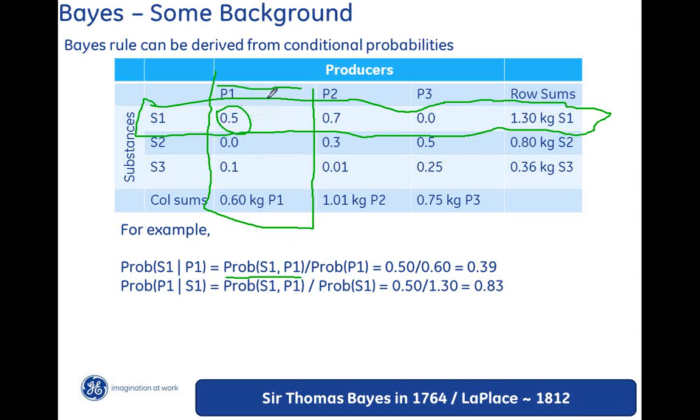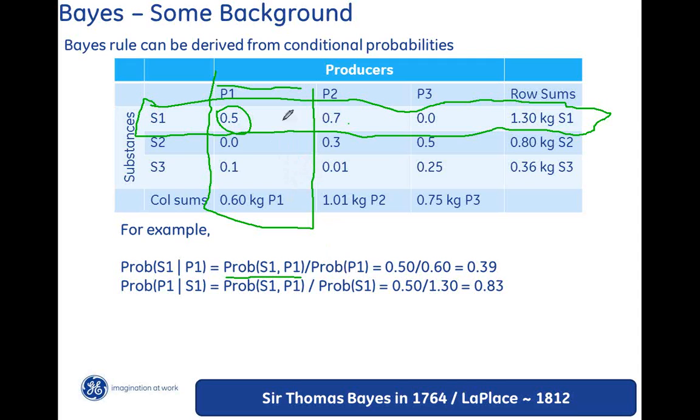Now notice that S1 is emitted from P2, and P1 also has other substances being emitted. For example, in LCA terms, it's allocated over 3 different substances, right? What I'm trying to get at is this doesn't explain the whole story of the conditional probability.